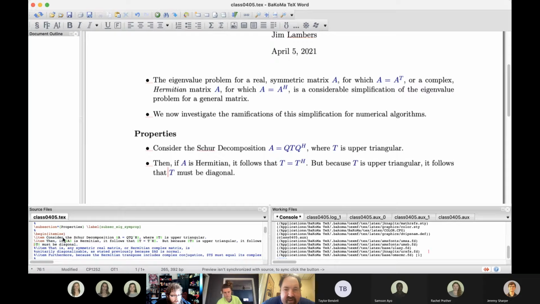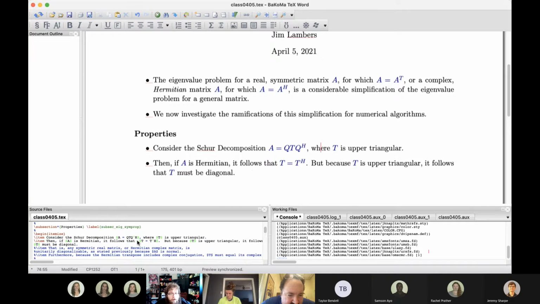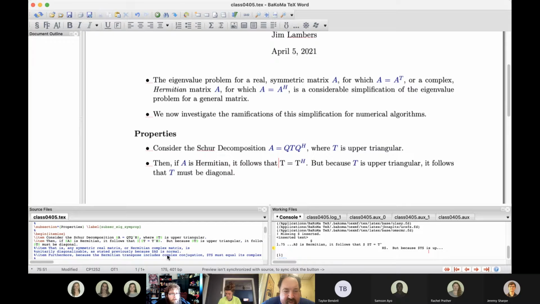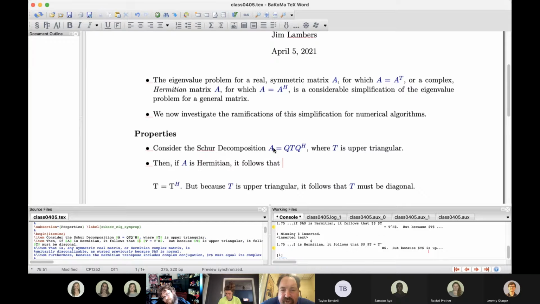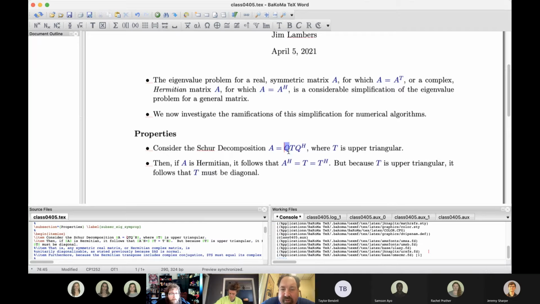Now, if A is Hermitian, I'll fill in an intermediate step here. If I take the Hermitian transpose of both sides of this equation, then I get A Hermitian transpose equal to the Hermitian transpose of this product.